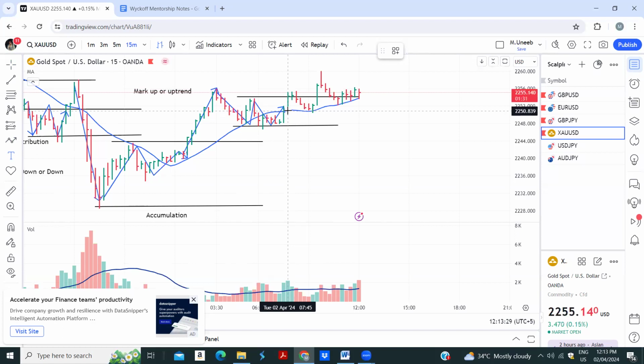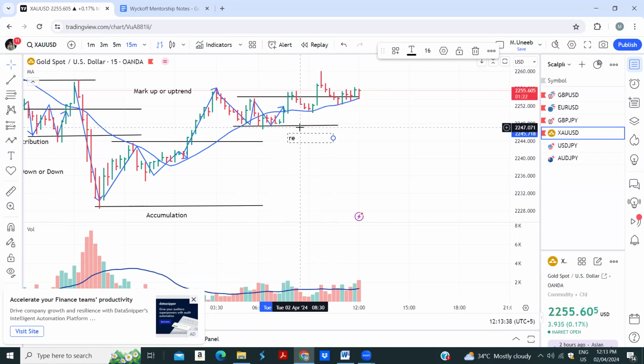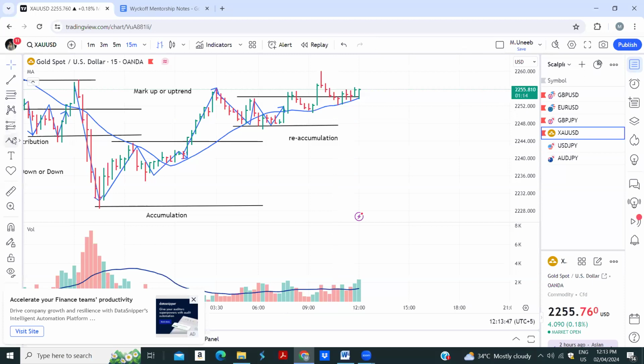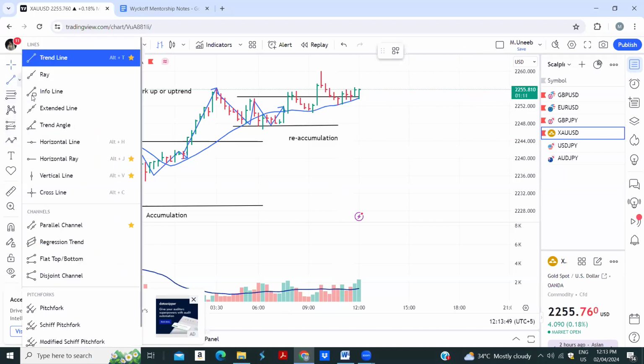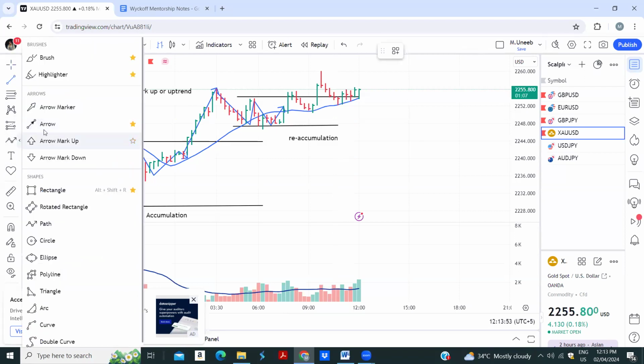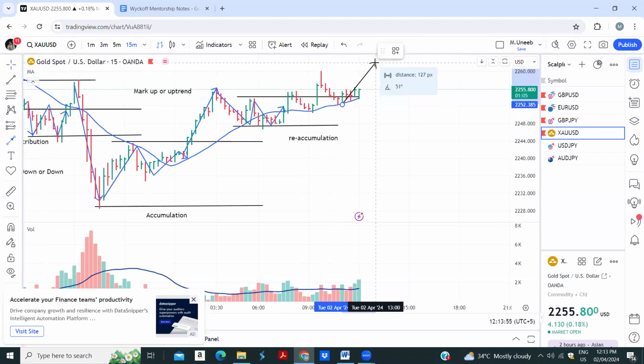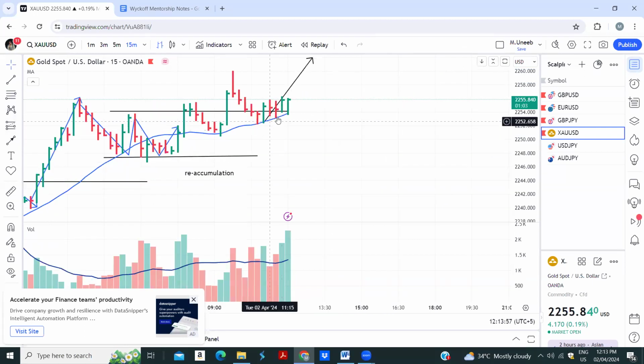The price is moving in a ranging market condition, or sideways market condition, or consolidation market. We call this reaccumulation. So you can see that this process repeats. After reaccumulation, what will happen? We know that after reaccumulation, the price is going to go up. You can see that the price is going up from here. So this condition would be markup.